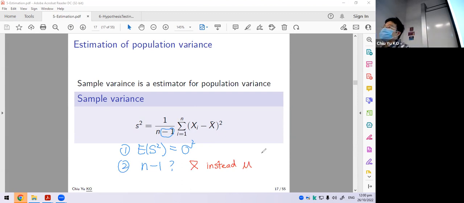You can see this from the proof. Maybe very few of you will read the proof, but you can look at it and check that it is because of x bar that we need n-1 for unbiasedness to hold.